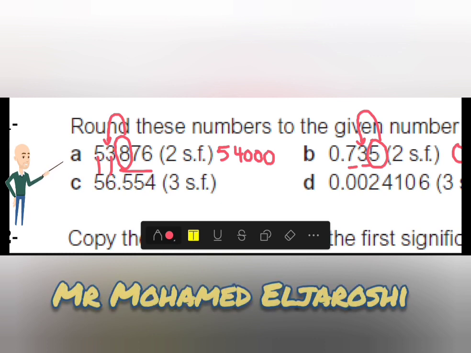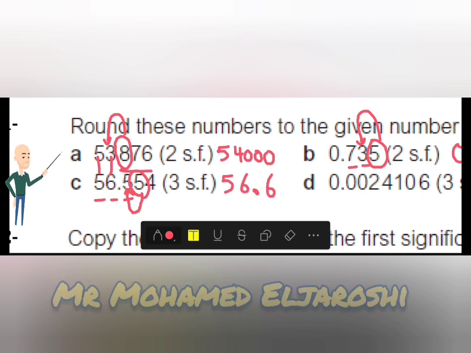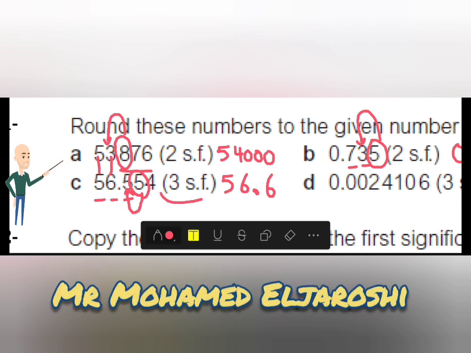So we start counting 1, 2, 3, and we take a look at the number after it, which is 5. The 5 is a big number, so we're going to add 1 to the number before it, and it's going to be 6. And when we write the answer, we write 5, 6, decimal point, 6. As I told you, three significant figures means three numbers in the answer, and the rest of the numbers you can write them as zeros.